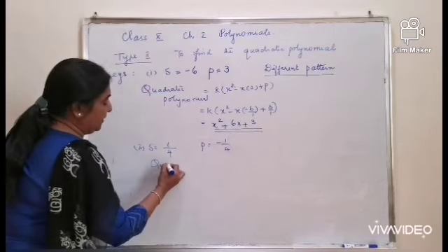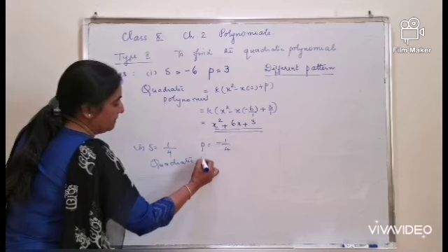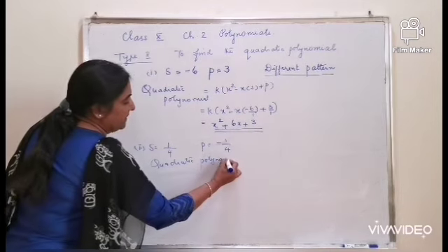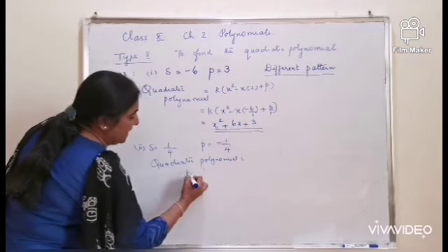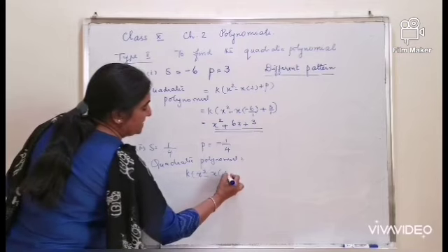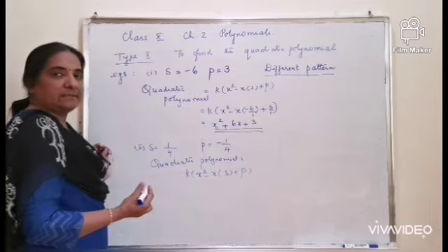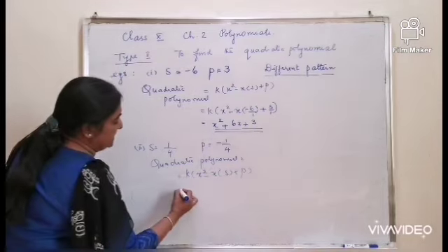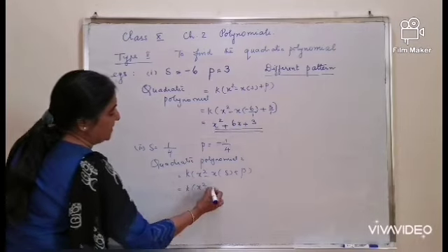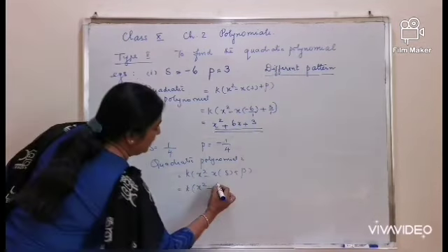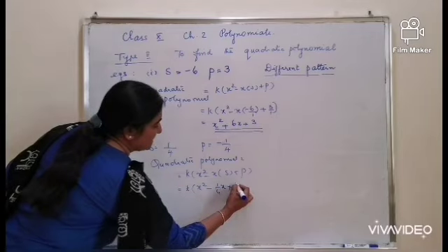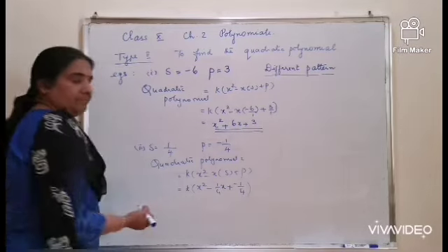The quadratic polynomial is equal to k into x square minus x into sum plus product, which is the same as k into x square minus 1 by 4x plus -1 by 4.